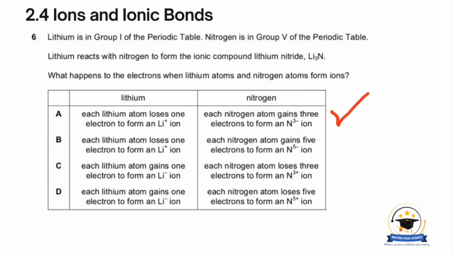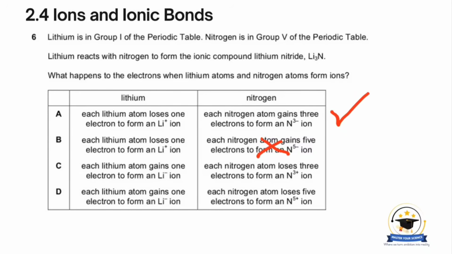Then B says each lithium atom loses 1 electron to form a Li+ ion. Then each nitrogen atom gains 5 electrons to form an N5- ion. This part is incorrect. Then C says each lithium atom gains 1 electron to form a Li- ion.